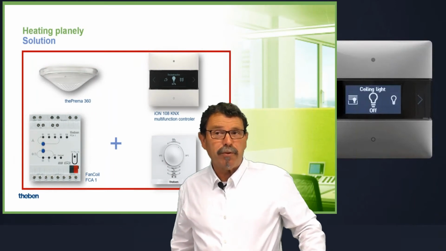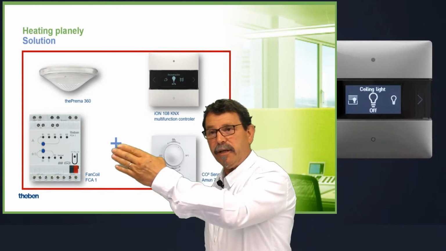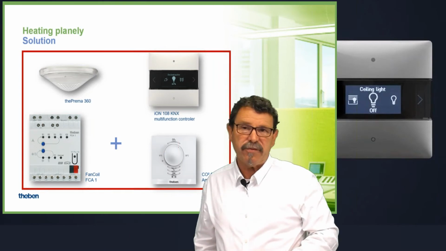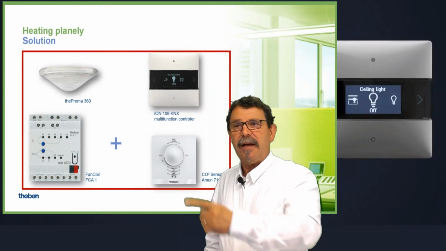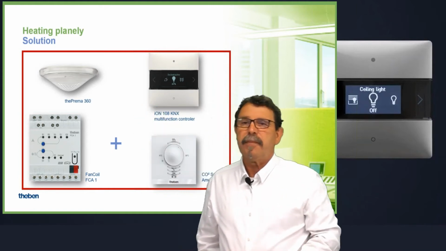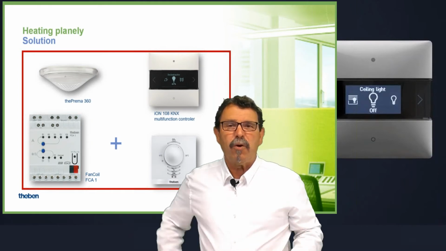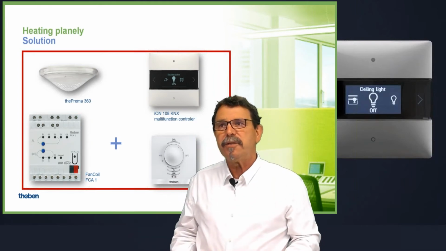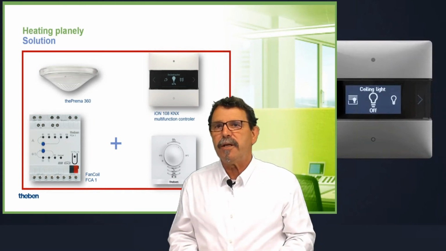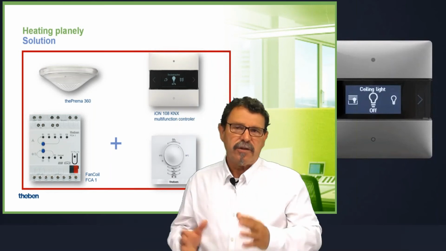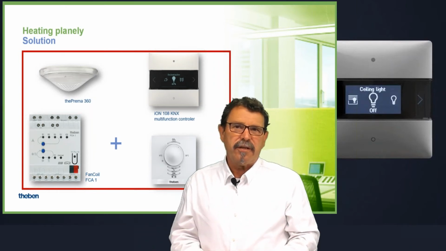So finally, we support the RTR, room temperature control, heating and cooling, which is displayed here with the fan coil actuator. We can display any kind of values on the actuator, and on the left hand side you discover the Teprema 360, which gives you, for instance, for office buildings, like the one in my background, if the office or the meeting room is occupied, then the RTR switches from standby into comfort mode in the air conditioning.